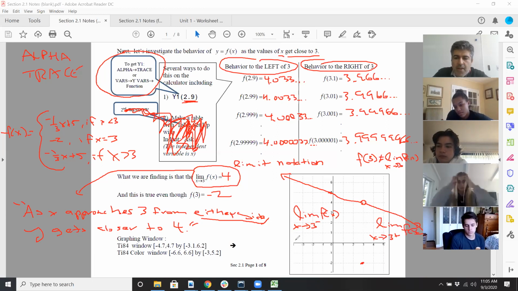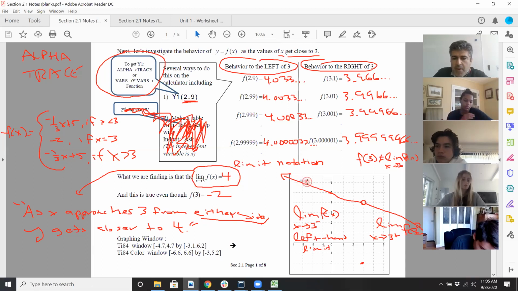We call this a left-hand limit. I probably should have color-coded this. But that's going to be as I'm coming down this way. As I'm coming down this way, that's my left-hand limit.